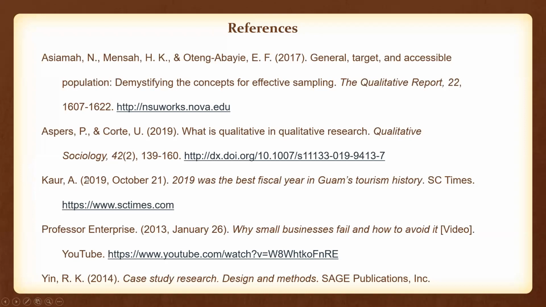Kung wala, ilagay lang ninyo ng N, period, space, D, period. Ibig sabihin, no date. Pero as much as possible, hanapin ninyo kung kailan pinublish. So 2019, ganito ang format niya, comma, space, month, space, tapos date, period. Ang title na ngayon ay italicized.